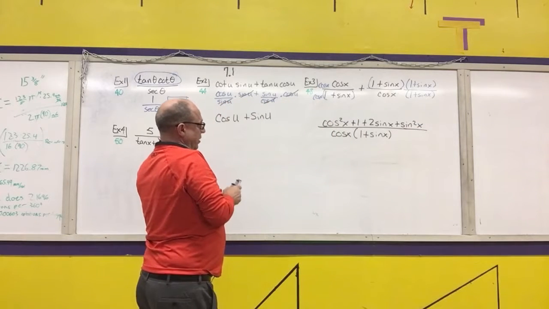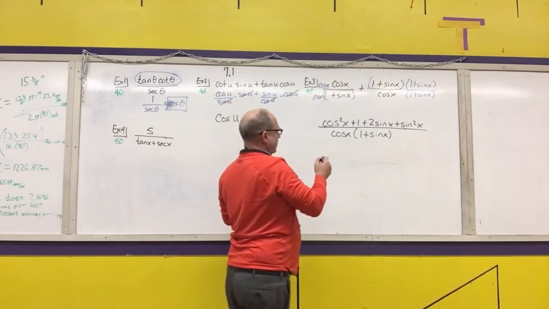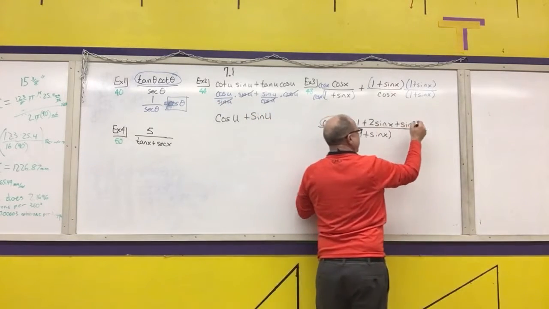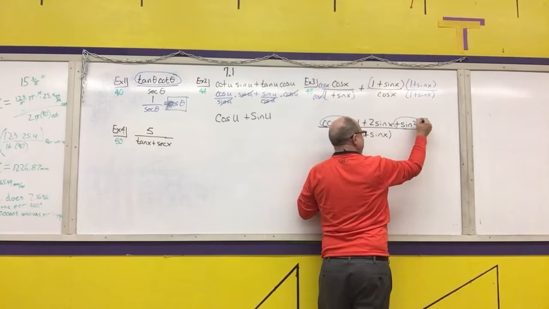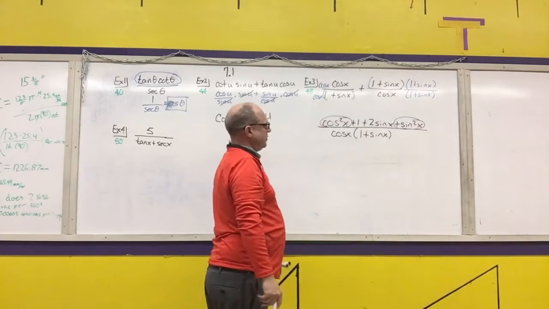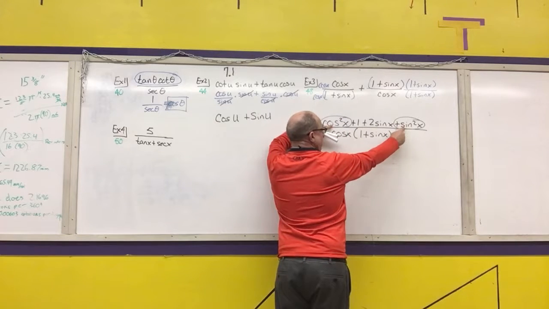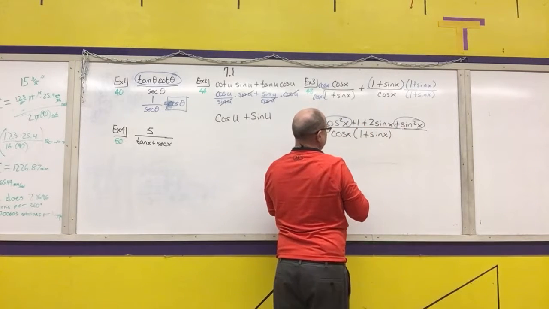Now, what I have here is I recognize that cosine squared x plus sine squared x is one of my Pythagorean identities. That is 1. This is equal to 1. 1 plus 1 is 2.